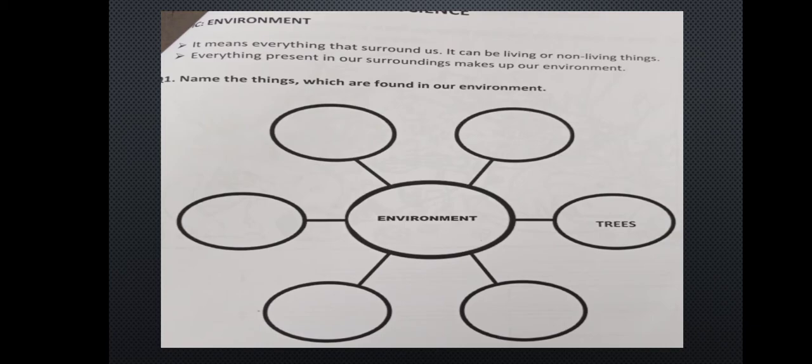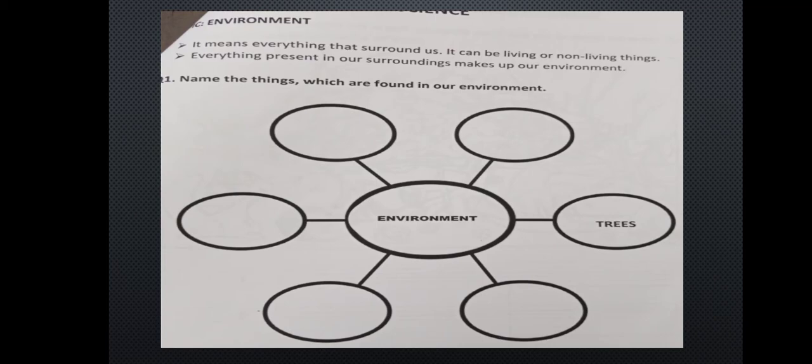The definition of environment is that it means everything that surrounds us. It can be living or non-living things. And everything which is present in our surroundings makes up our environment. So by following these two lines, you have to write any of the things that you can find in your surroundings. They can be living or non living things.